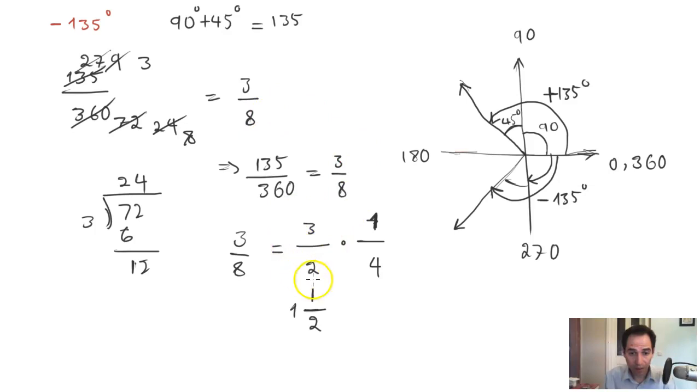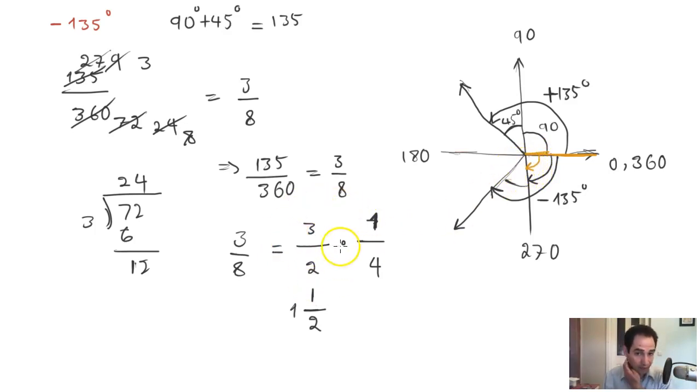Let's start, for example, with 1/4. 1/4 of the circle, if you start here, it would be easier to start with 1/4. So if this is the initial side, if you go 1/4 of the way, you will end up here in the negative direction, and then you will take 3/2 of this 1/4.